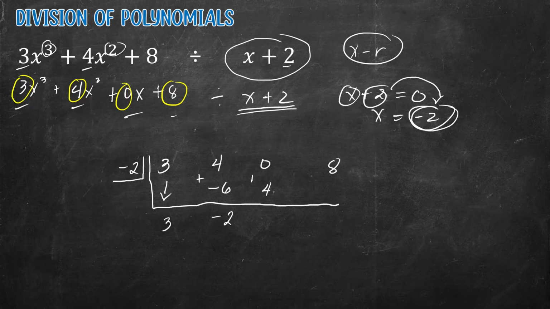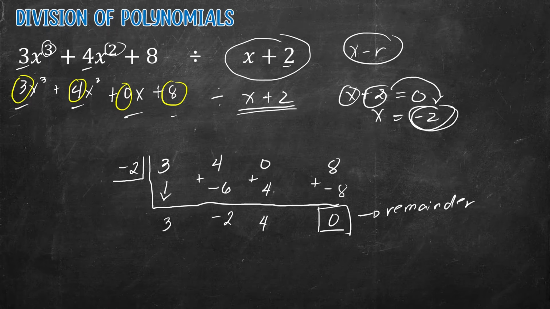And then add lang ulit. 0 plus 4 is 4. 4 times negative 2 is negative 8. And then add lang ulit, 0. Yung last part natin will serve as our remainder. But as you notice, since it is 0, that means yung ating polynomial, nung dinivide natin, wala siyang remainder.